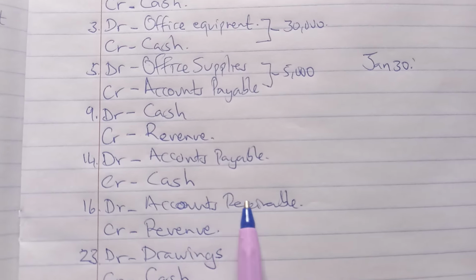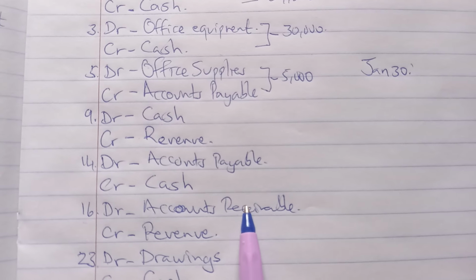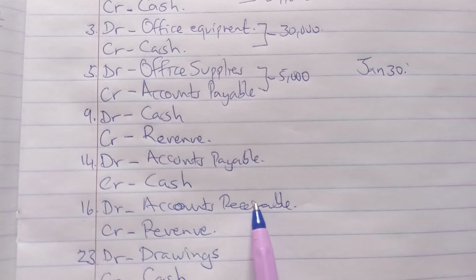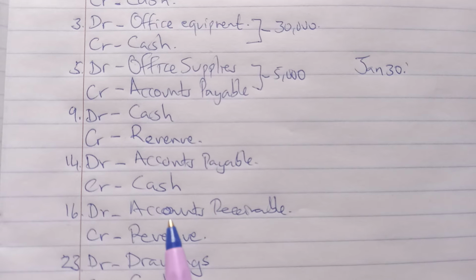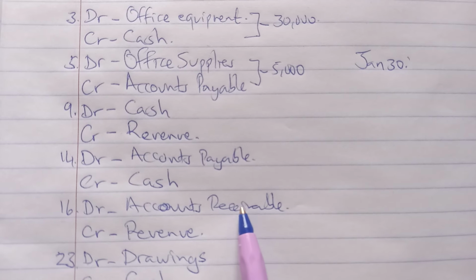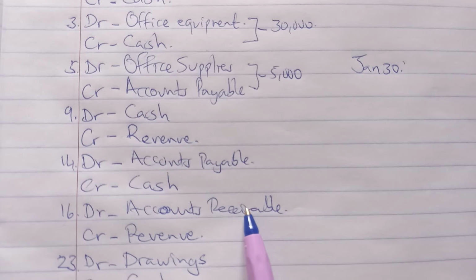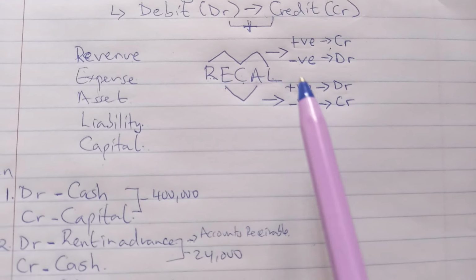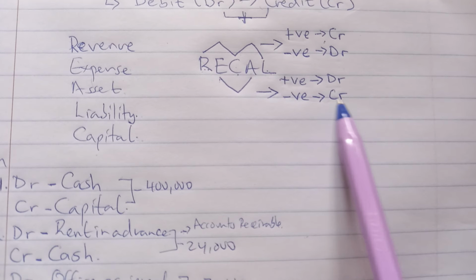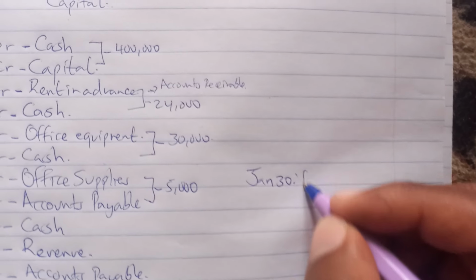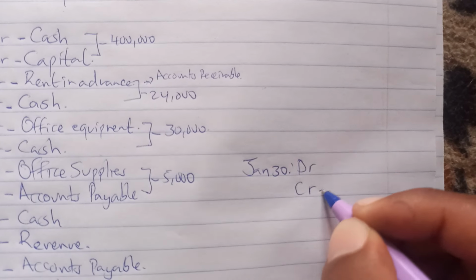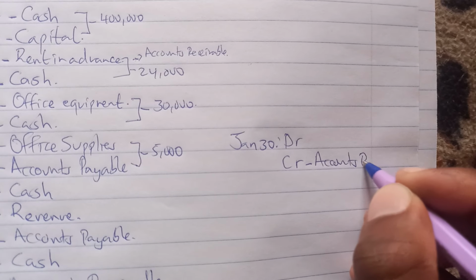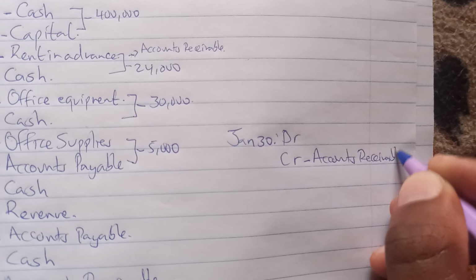And that client being our debtor, that client is reducing his or her obligation to our business, meaning our accounts receivable is reducing. And since our accounts receivable being an asset is reducing, we will credit that account. So we will credit accounts receivable.